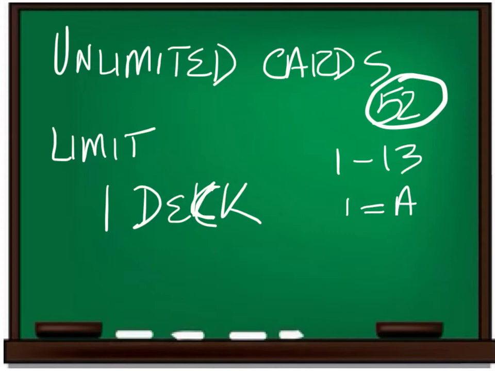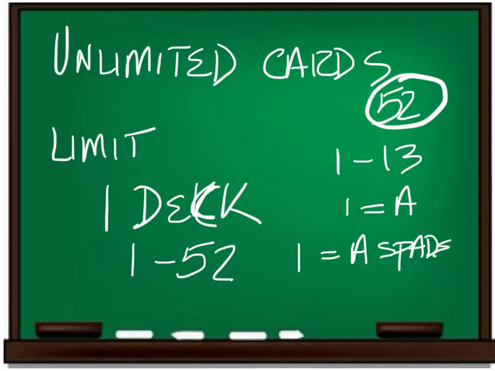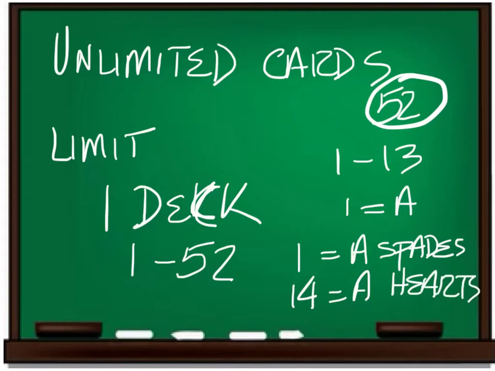You're going to have to generate a number from 1 to 52, and you have to account for all 52 cards, which means 1 could be an ace of spades. 14 could be an ace of hearts. And that is a lot of code to go through. You would have to have 52 different lines of code to account for just one deck of cards.